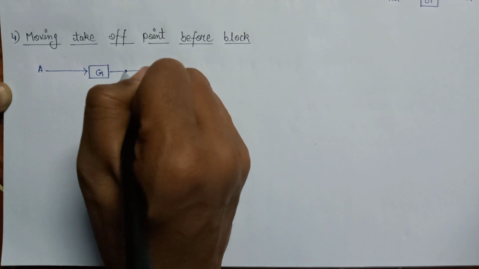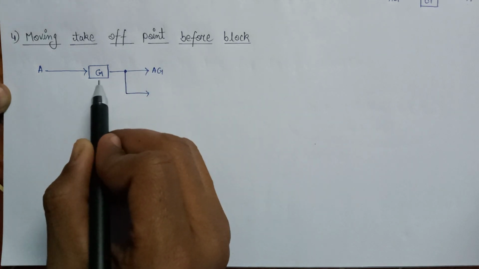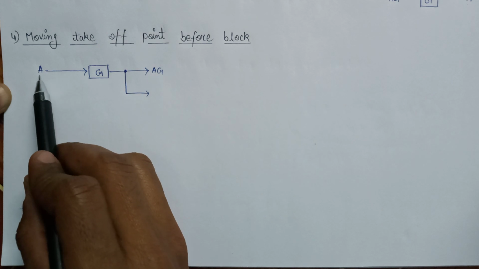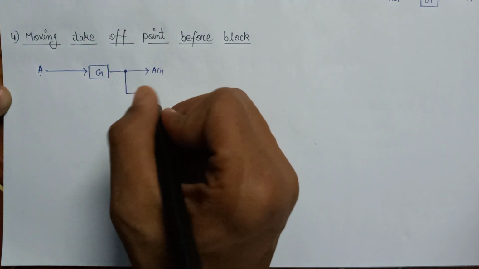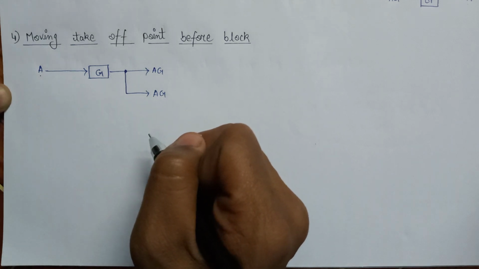Here is the takeoff point, and the output of this takeoff point will also be equal to the multiplication of input and this gain, so it will also be equal to AG here.